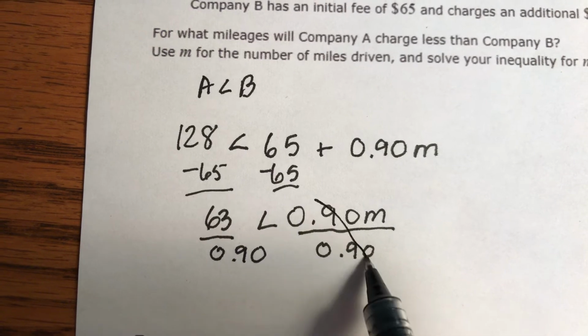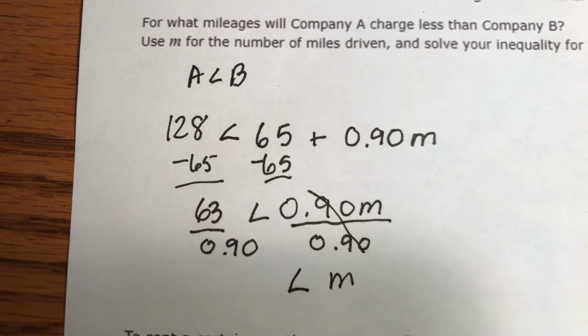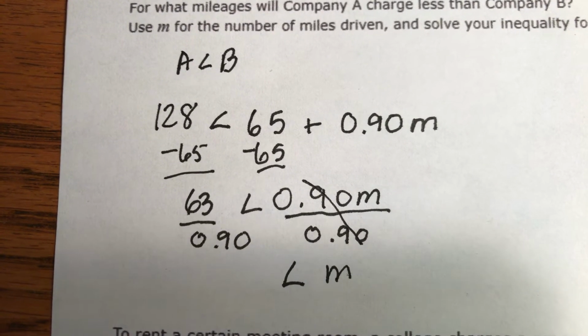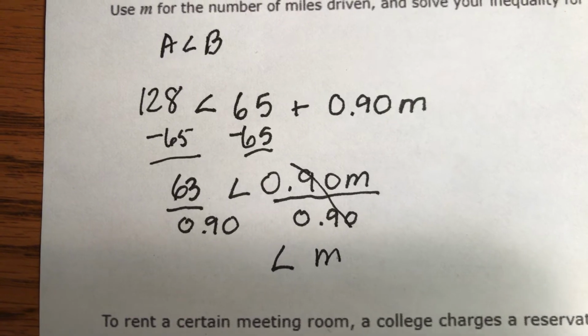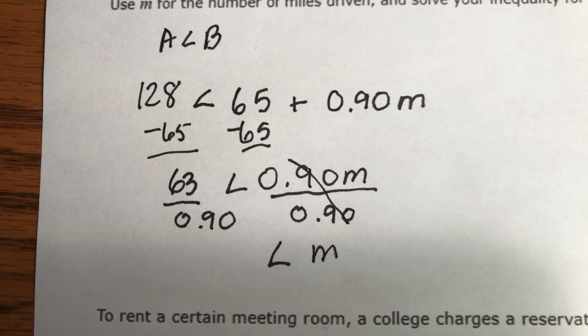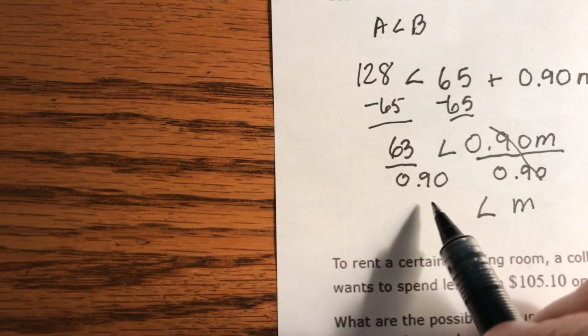So over here, we're left with M. I'm going to pop this in the calculator. 63 divided by 0.90 is equal to 70. So I have M.